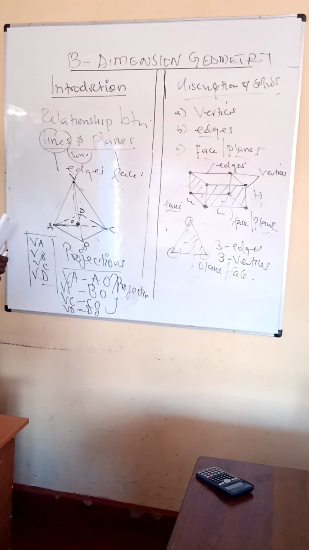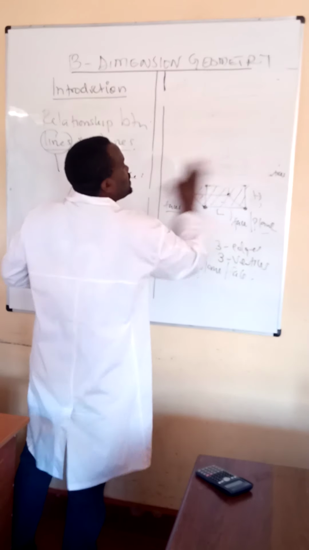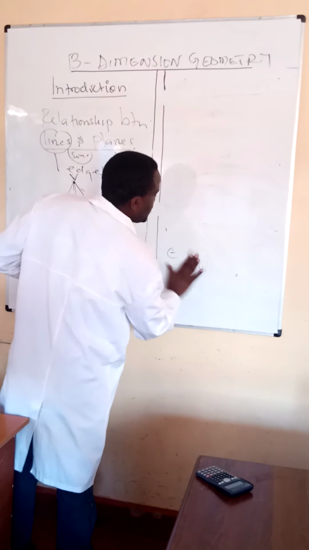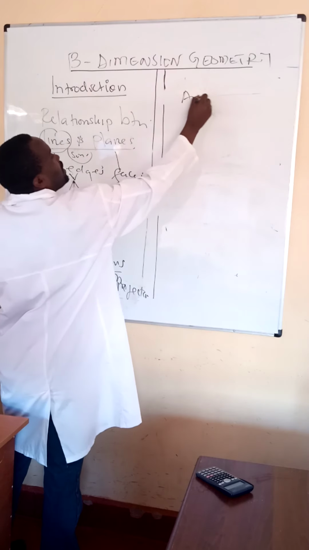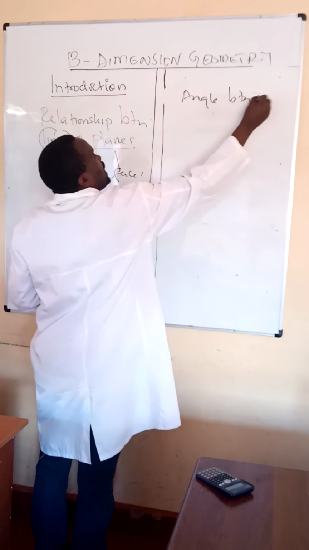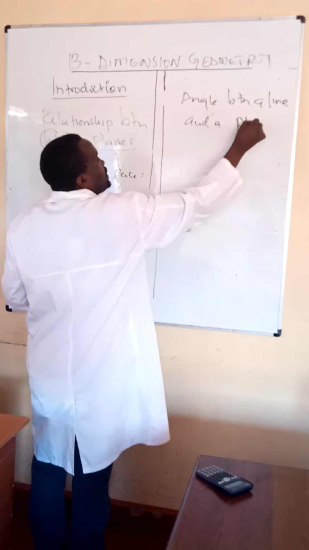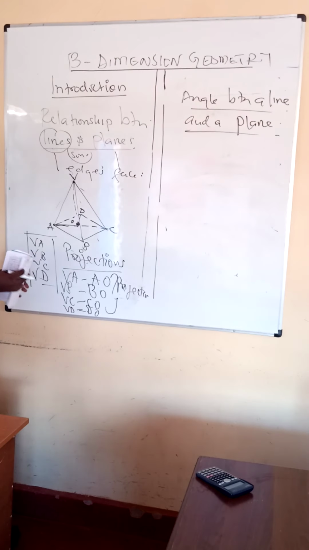I want to explain how we can find the angle between a line and a plane.